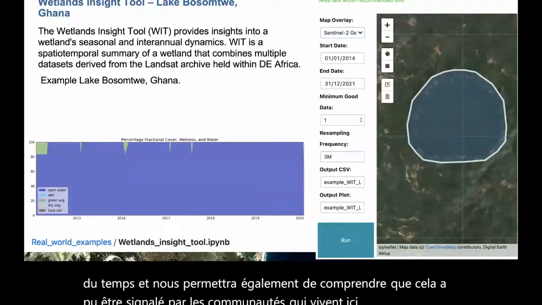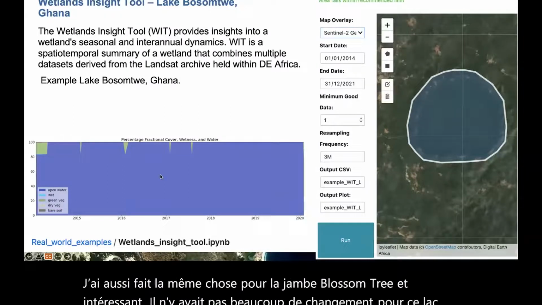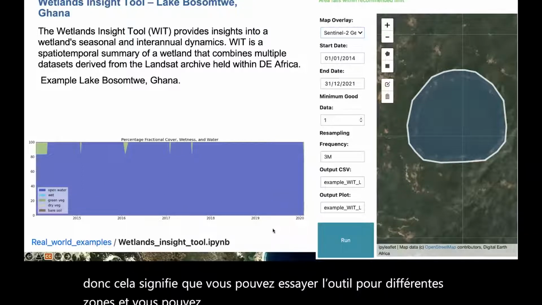I also did the same for Lake Bosomtwe, and interestingly, there was not much change for this lake. So it means you can try the tool for different areas and you can see some areas have remained very much constant. Would that be the case, Edward, for Lake Bosomtwe?